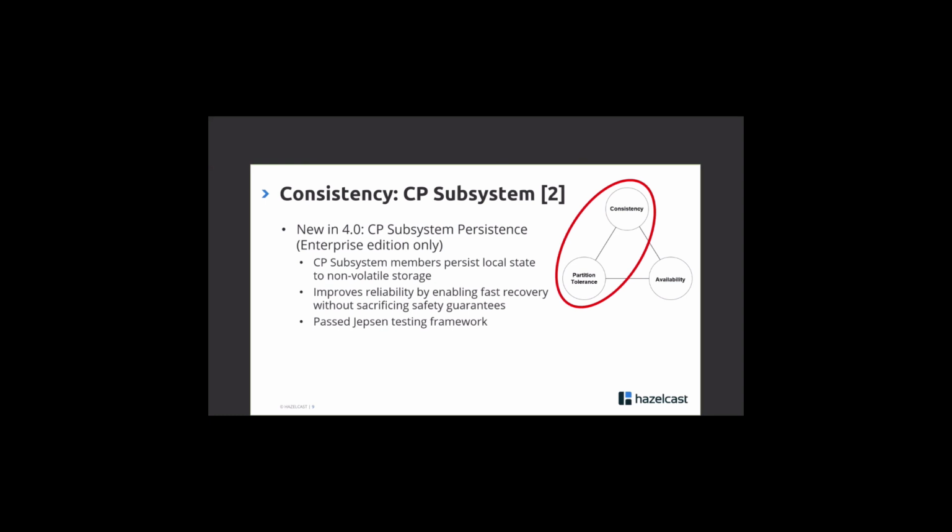And so we ran this on our CP subsystem. Previously, we ran it with the persistence mode on, and so we can guarantee that that data will be durable, that you get the strong consistency in any type of use case where it's important to have a consistent state of data across the entire cluster.